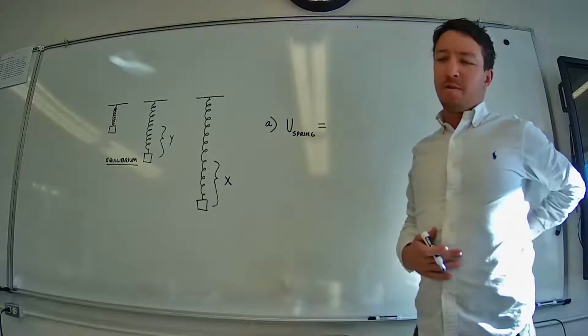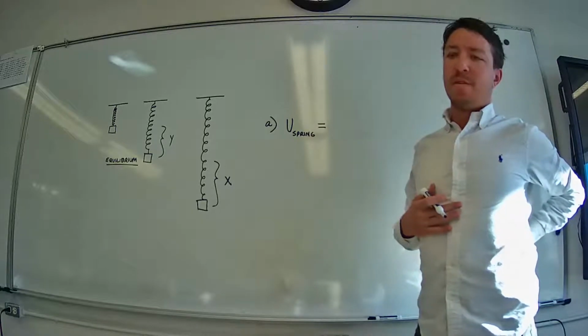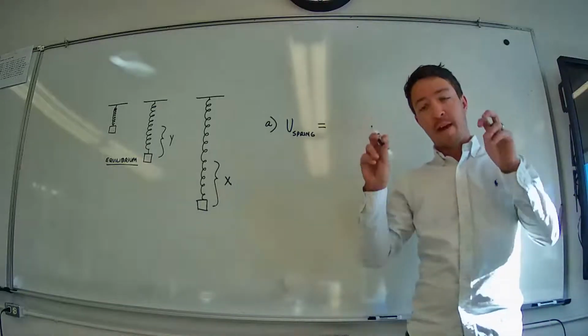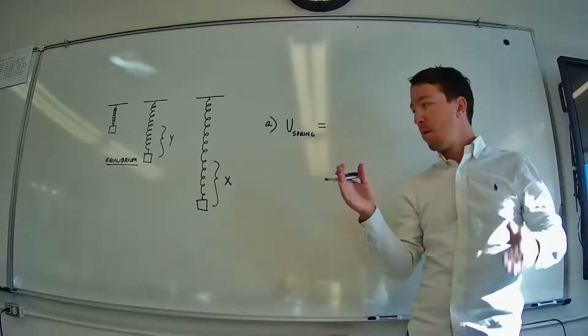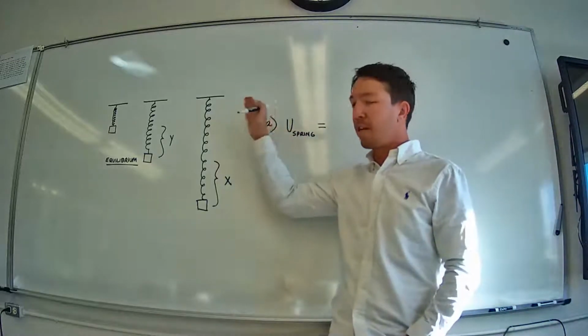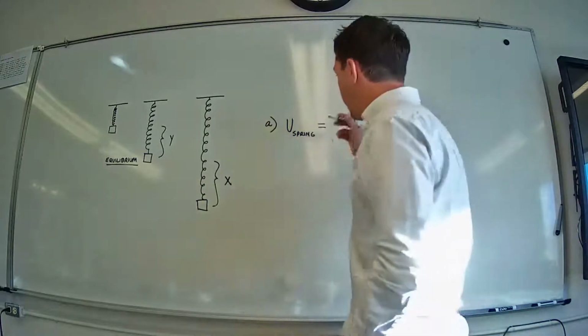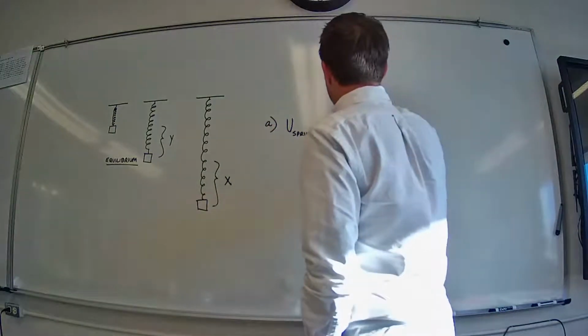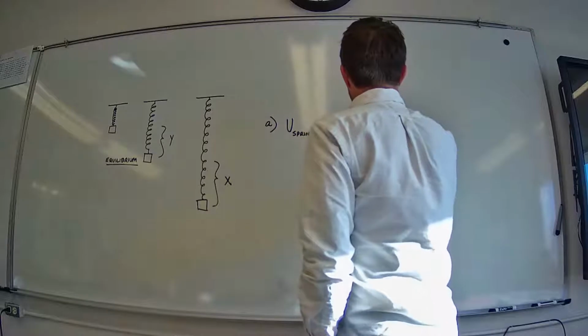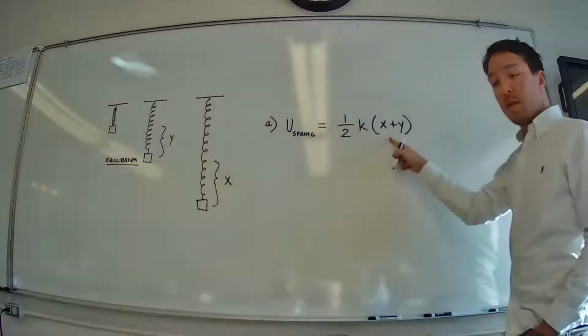So what's the formula for energy stored in a spring? 1/2 kx squared. But the formula is 1/2 kx squared when x is the displacement. What's the displacement? What's the total amount of stretchy that the spring has done right now? X plus Y. So it'd be 1/2 K times the total stretch squared.